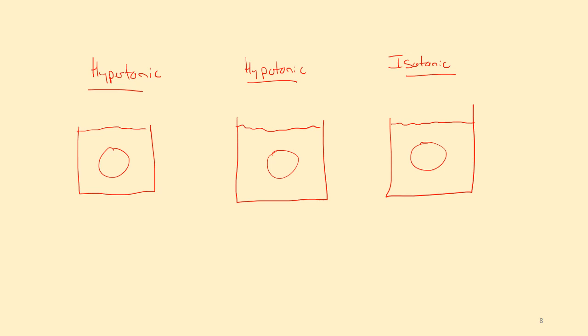So the higher concentration of the solute is found outside, and there's just a little bit on the inside. Hypotonic means there's a higher concentration of the stuff inside. Isotonic means it's a nice healthy balance inside and outside the cell.